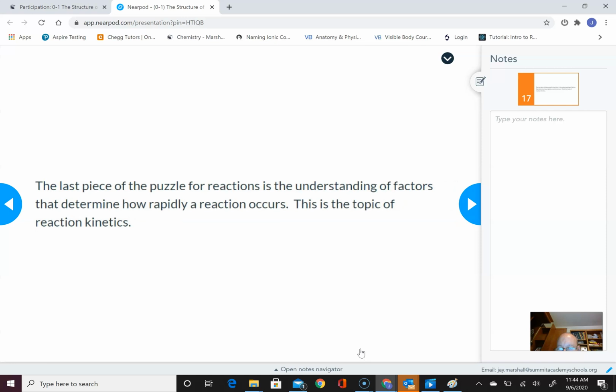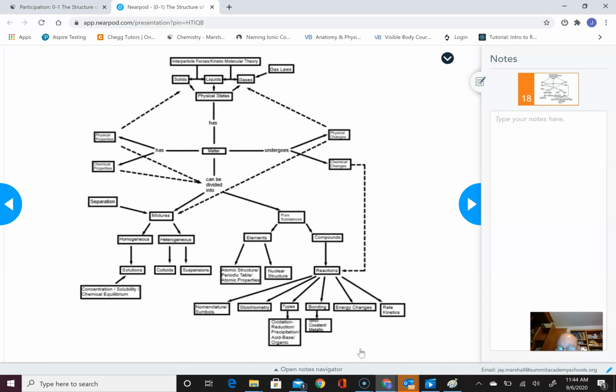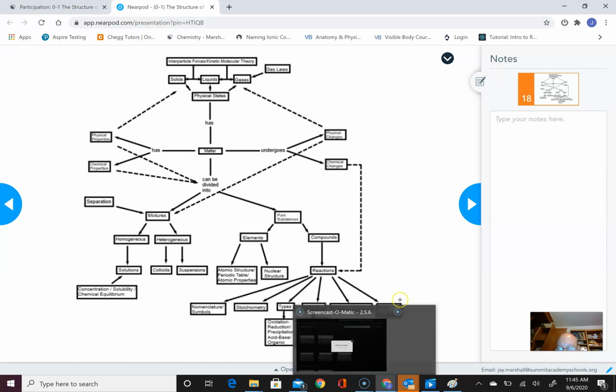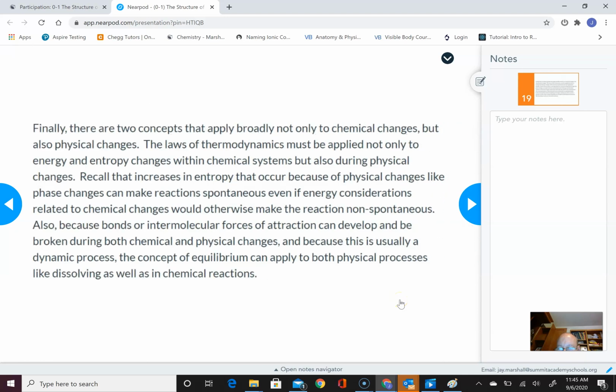So this is the topic of reaction kinetics. So go ahead and put the words rate kinetics in that last box there. Okay, and then finally, there are two concepts that apply broadly not only to chemical changes but also physical changes: the laws of thermodynamics and the concepts of equilibrium.